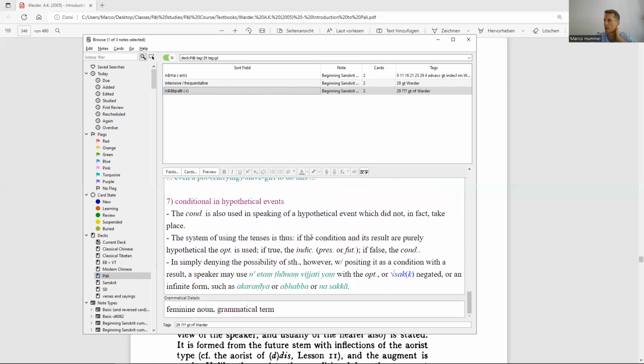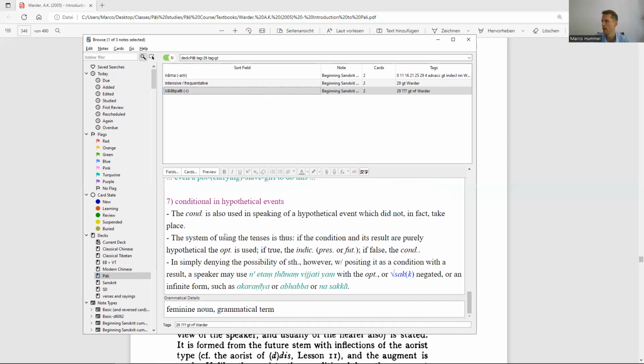Conditional in hypothetical events. The conditional is also used in speaking of a hypothetical event which did not in fact take place. The system of using the tenses is thus: if the condition and its result are purely hypothetical, the optative is used. If true, the indicative, present or future. If false, the conditional.